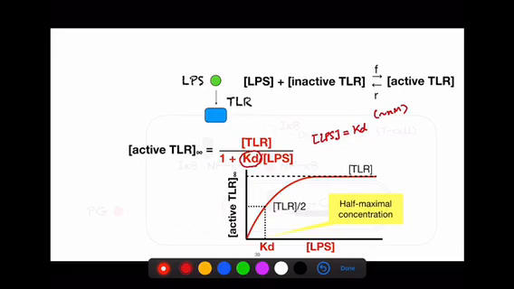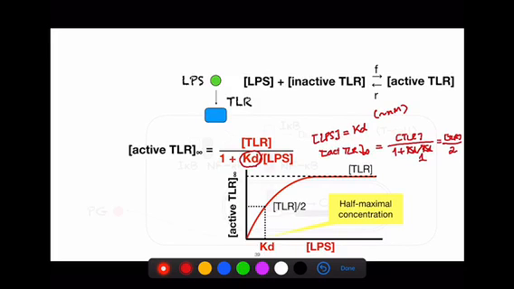Then in that case, active TLR in the steady state will be TLR divided by 1 plus KD over KD, which cancels out to be just 1, and will be just TLR divided by 2.